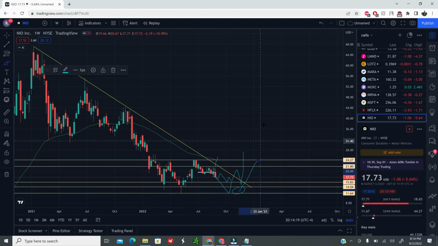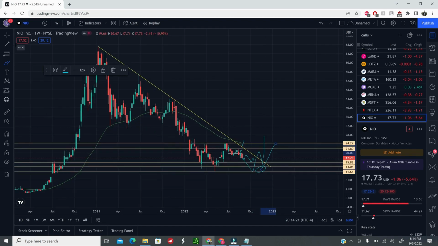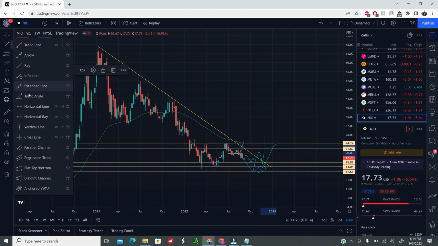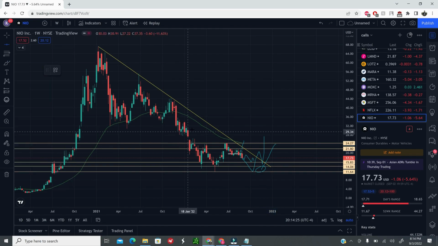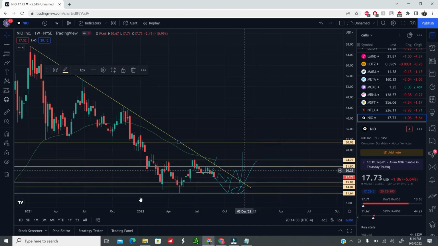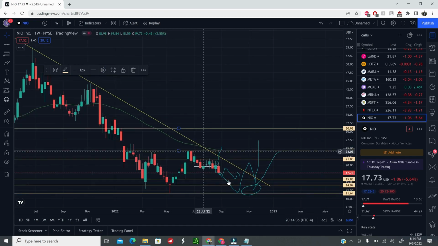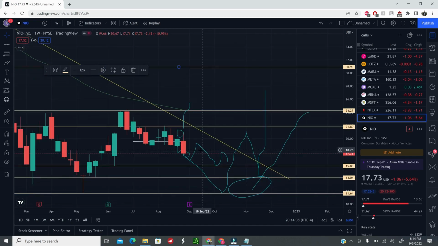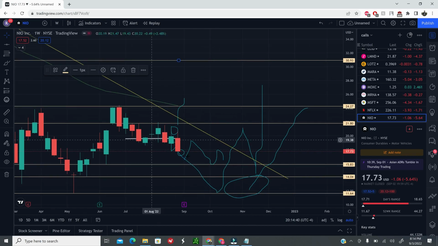It might continue to the upside until, let me draw the horizontal line, this is where the next support, resistance is going to be. That is so far away anyway, the $30 range. So for now, we definitely have to keep an eye out around this area. We are definitely heading down.